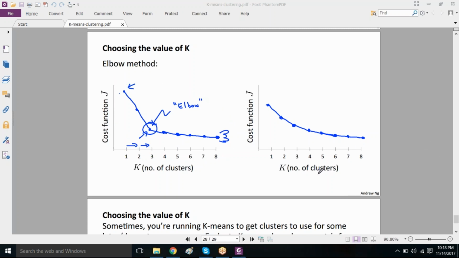So what it suggests is that for choosing what number to choose for k, I am deciding by the elbow method. You start with k equal to 2. Then go to 3, then 4, 5, 6, 7, 8, like that.